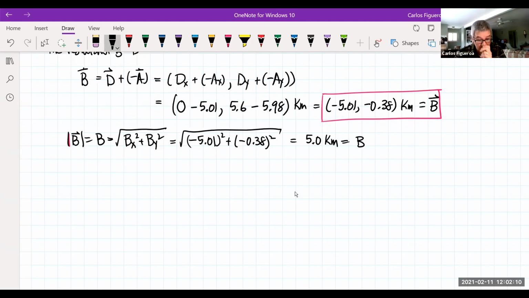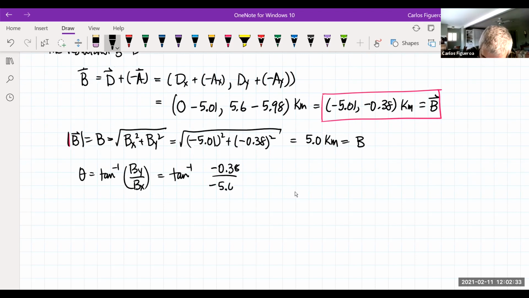Let's go get the angle here. I'm going to get tan inverse of by over bx. Plugging in my values, this is tan inverse of minus 0.38 over minus 5.01. Look at the minus signs.